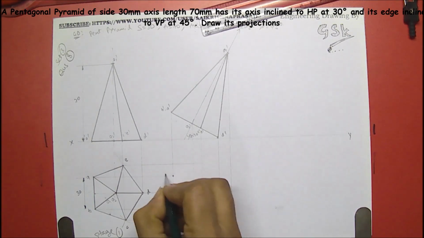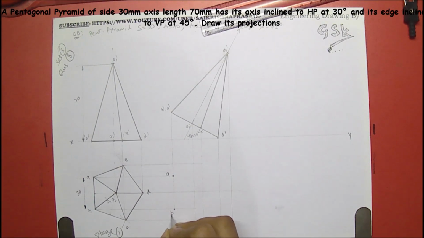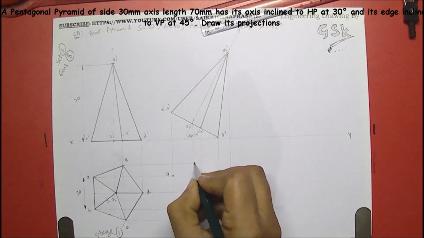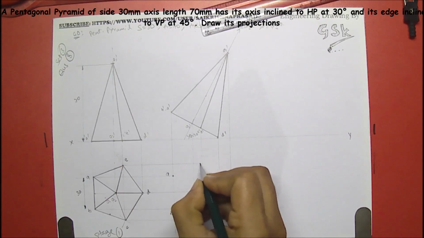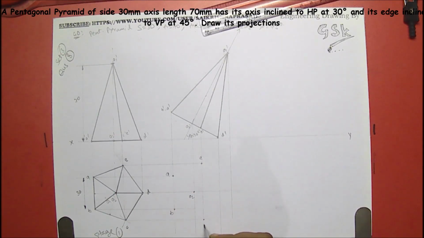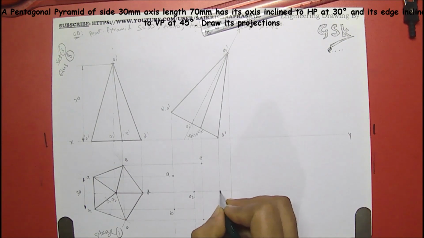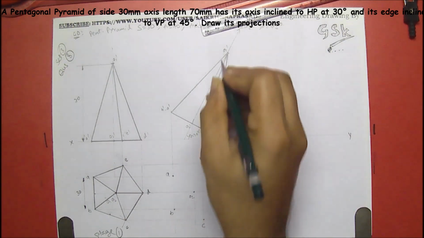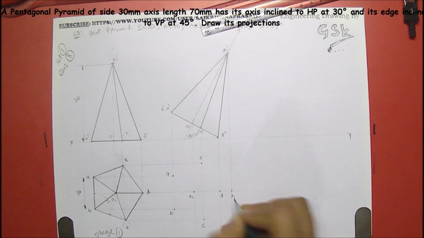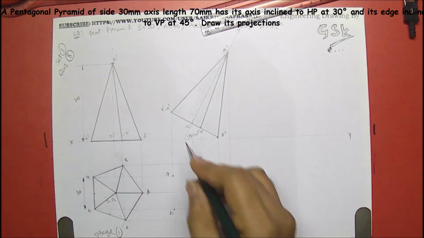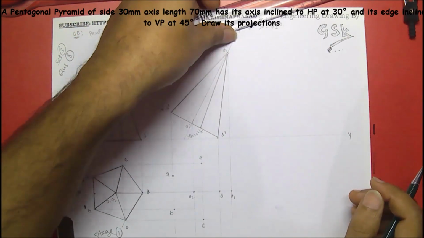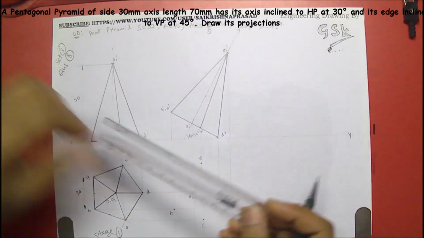Now this point is A, this point is B, this point is O2, this point is E, this point is C, this point is D, and this point is O1. Now coming to the solids, just finish off the outlines, then you can go for inside thing.